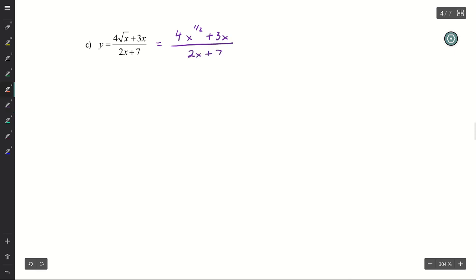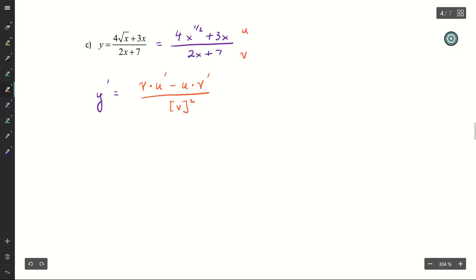We're going to call the top part u, and the bottom part v. So let's take a derivative. y prime equals, we're going to go ahead and write our derivative formula out. Most important that we start with the bottom function, so v times the derivative of u, and then minus u times the derivative of v, all over v squared.